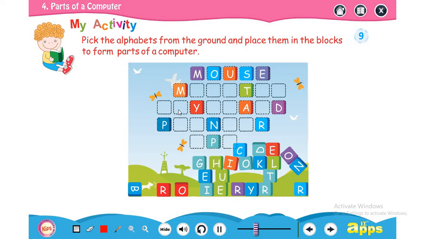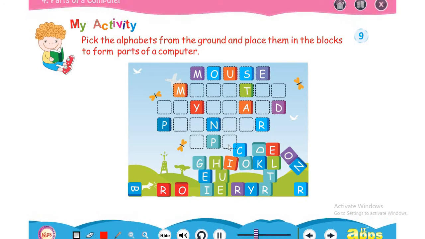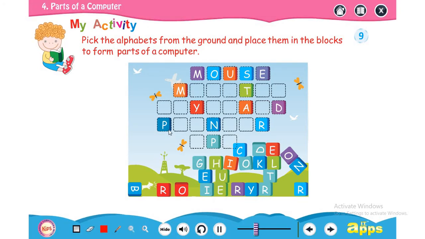Third one is KEYBOARD, keyboard. Okay. Fourth one is printer, PRINTER, printer. And fifth one is CPU, C, P and U.